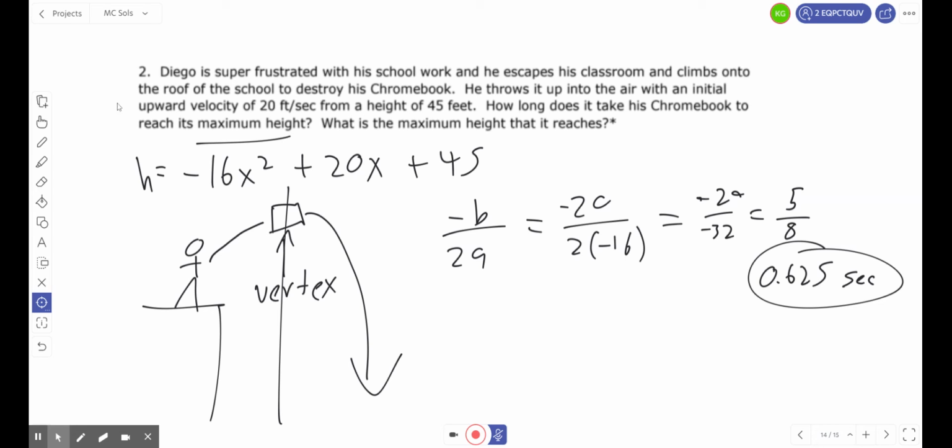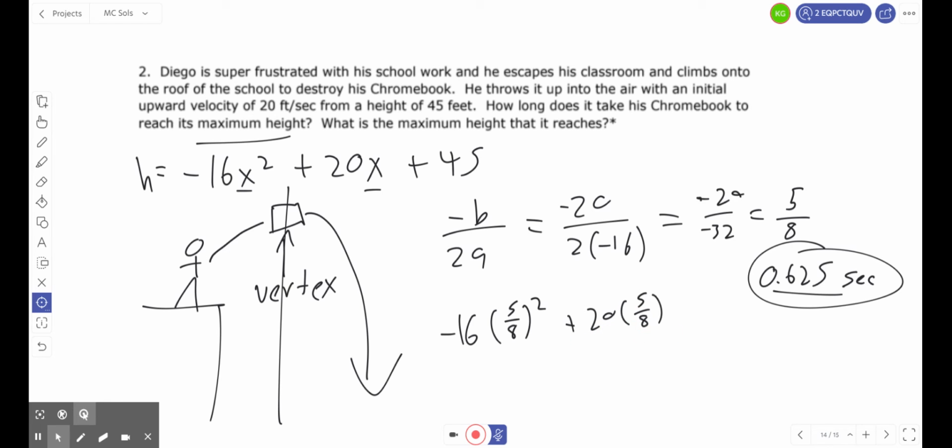And what is the maximum height it reaches? In order to do that, we are going to put our time in for x in the equation. So we'll have negative 16 times 5/8 squared plus 20 times 5/8, and it doesn't matter if you use the fraction or the decimal, plus 45.